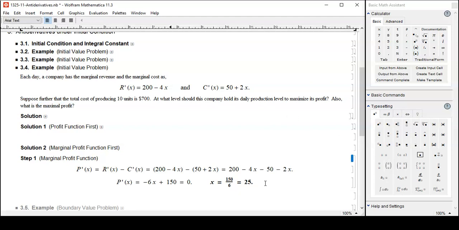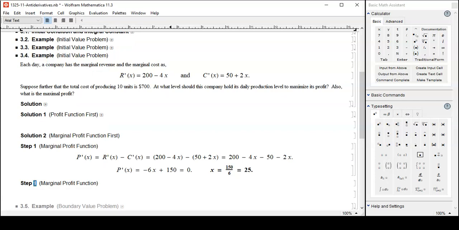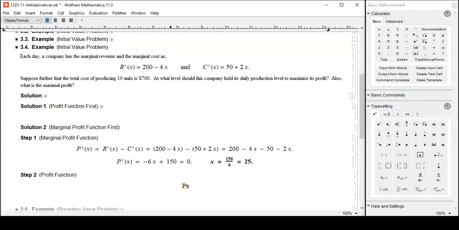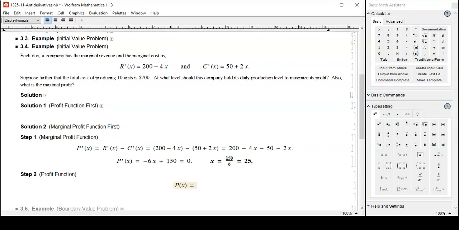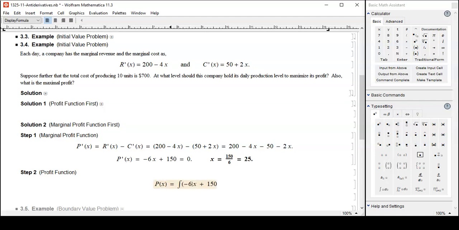Step 2, the profit function. So an integral of negative 6x plus 150, and that's going to be negative 3x squared plus 150x plus some p naught. That's going to be your profit function if you take the antiderivative.